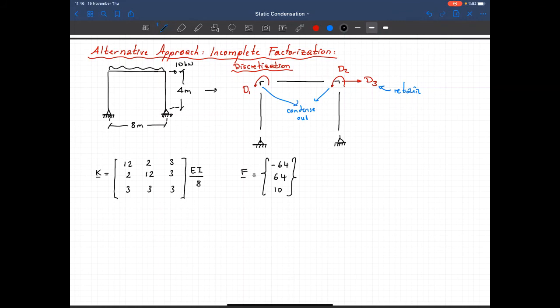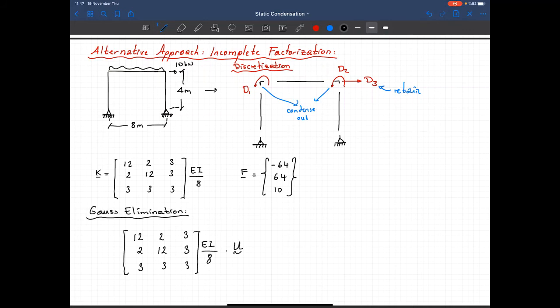Now let's do Gauss elimination. So let me rewrite these matrices one more time. 12, 2, 3, 2, 12, 3, 3, 3, and 3. I have EI over 8 here, multiplied by U will give me the force vector, which is equal to minus 64, 64, and 10.